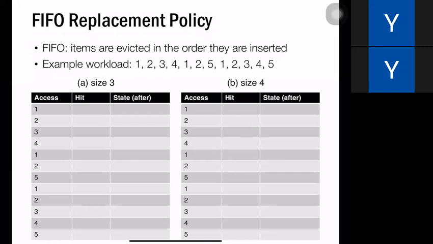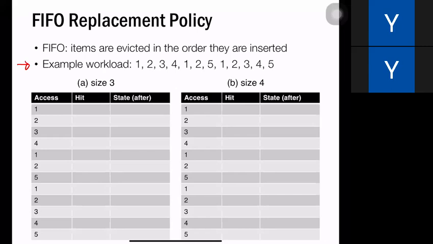Okay. So keep that in mind. If you take a look at these 2 examples, here we're looking at a different example workload. This workload has some tricky pattern, but these memory accesses are sort of following some sequential pattern, right?